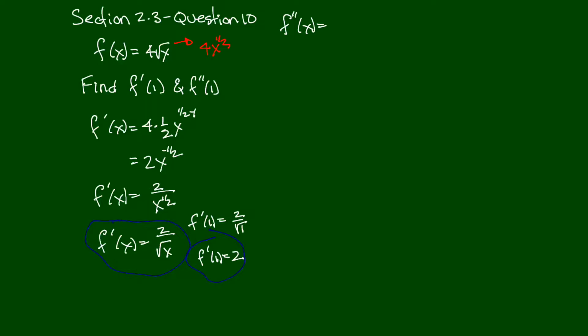So second derivative, now what I'm going to do is I'm going to work from this part right here, where I've got the power, because then I can just bring it down. This is a little awkward down here. So bring the negative 1/2 down in front, negative 1/2 times 2. The 2's cancel, you just get negative 1. So we're going to get negative 1, or just negative x, and then I've got negative 1/2 minus 1.